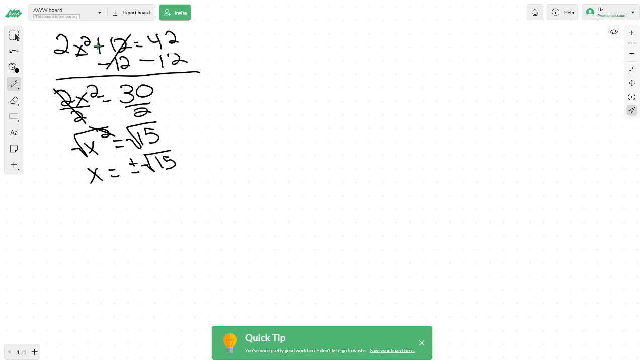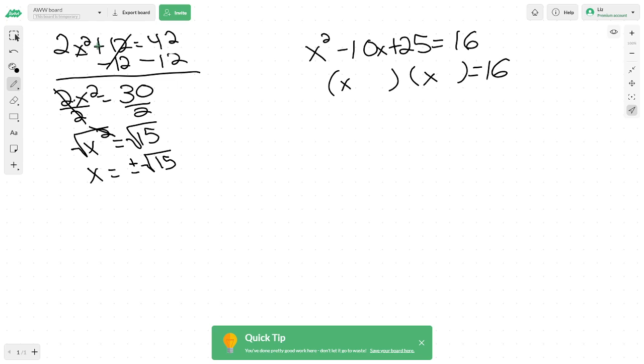All right, next example here, we have x squared minus 10x plus 25 equals 16. So if you look deeper at this and we factor it like we were the other day, we need two numbers that multiply together to get a positive 25 and add together to get a negative 10.